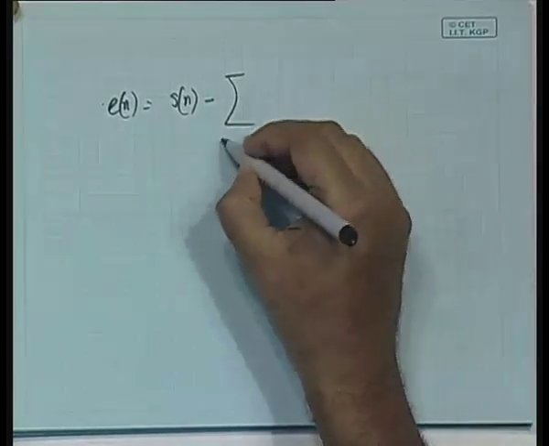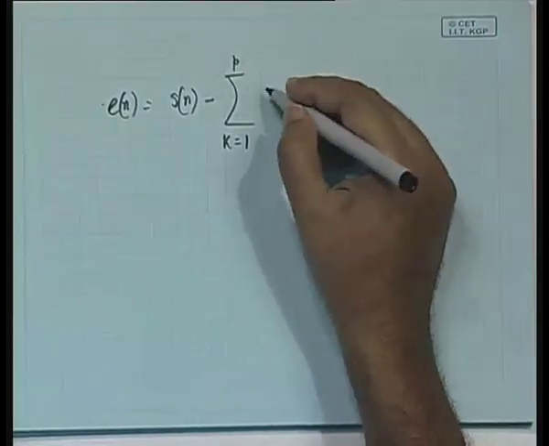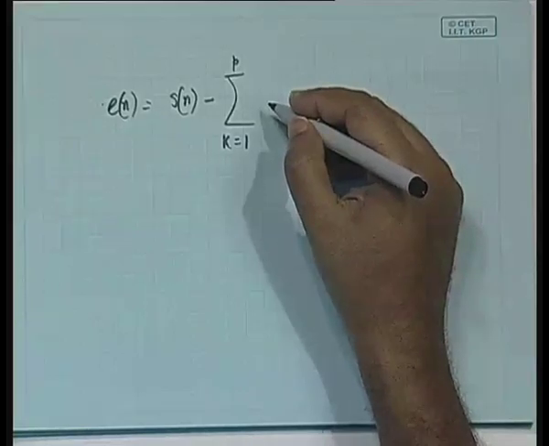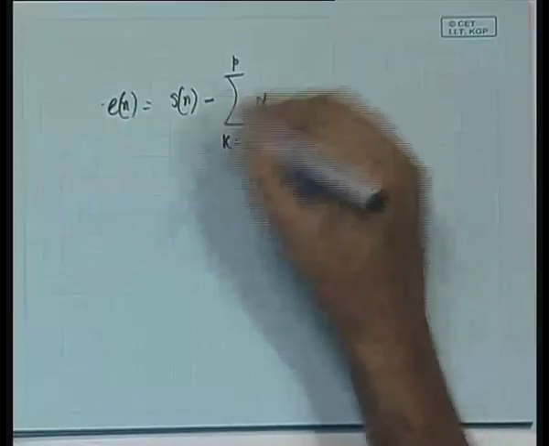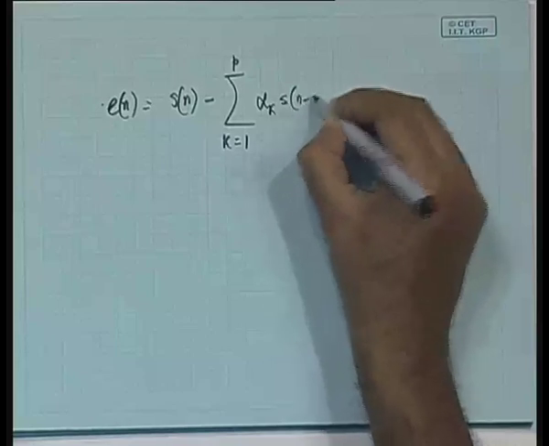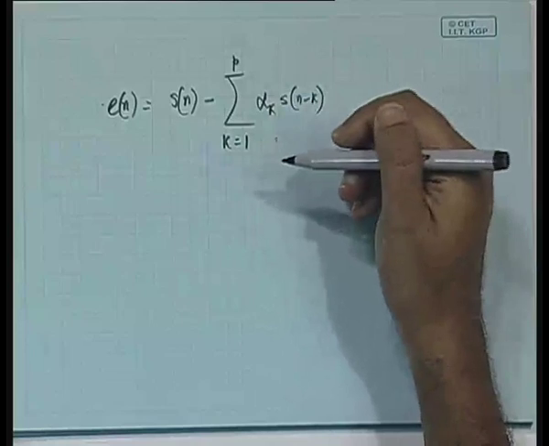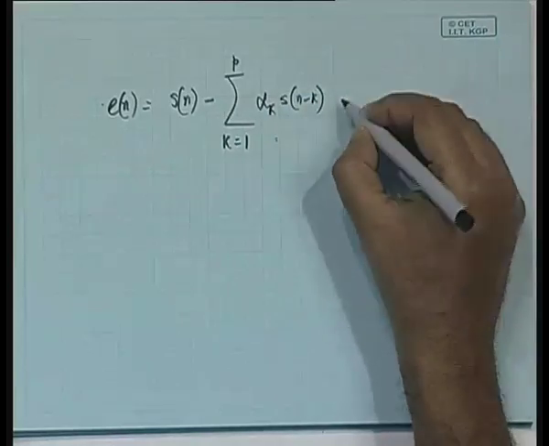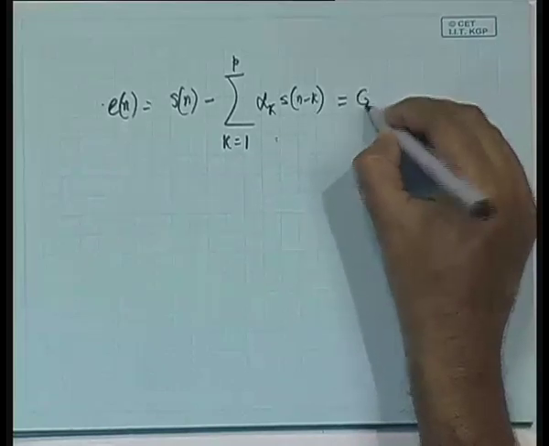So, if in general we make a pth order prediction, then we sum from k equal to 1 to p of alpha k, because k is the running index, times S of n minus k. So, using the past samples we are predicting this. This is all known to us.